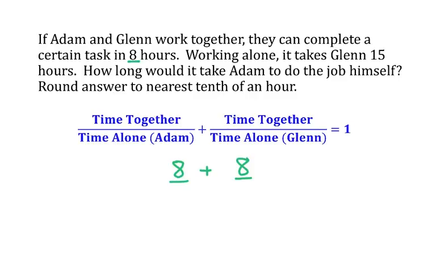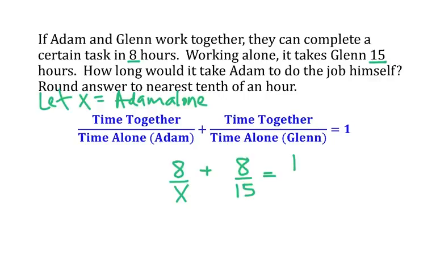So we can basically let x represent the time for Adam alone, and we know that will be time in hours. So I can put x down low for Adam's time. We were given Glenn's time to be 15 hours, so I'll put that in for the time alone for Glenn. And this will equal one whole job done. So there's our setup for this problem.